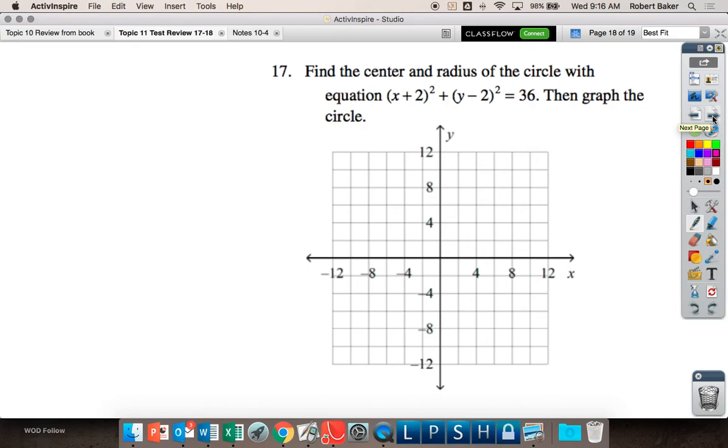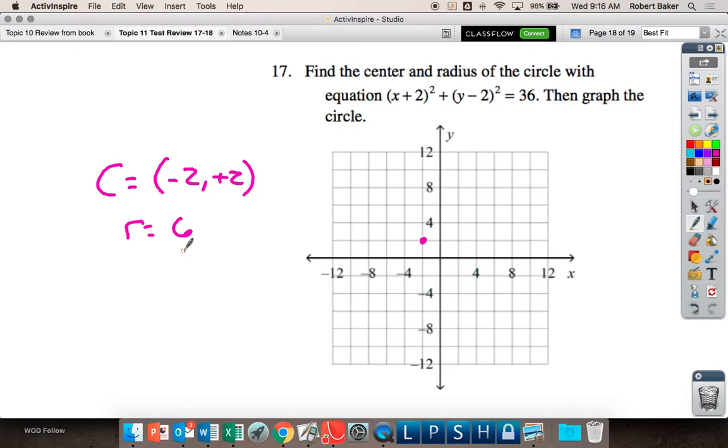Find the center and the radius of the circle, then graph it. Ooh. So it says the center is at positive 2, negative 2, but where is it really? Negative 2, positive 2. So my center is at negative 2, positive 2. And then it says r squared is 36, so what is r? 6.